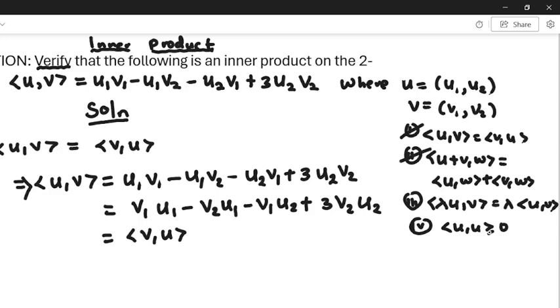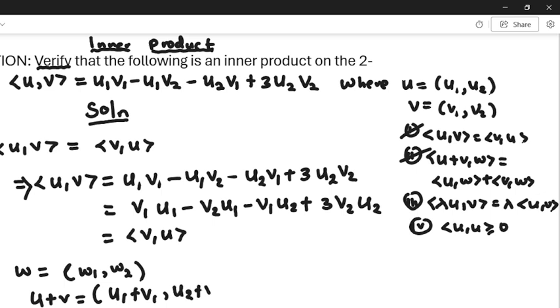So next we're going to axiom 2. That means you're going to define an extra vector, W. So you're saying w is equal to (w1, w2). So we have u plus v, which will be (u1, u2) plus (v1, v2), this is vector addition.